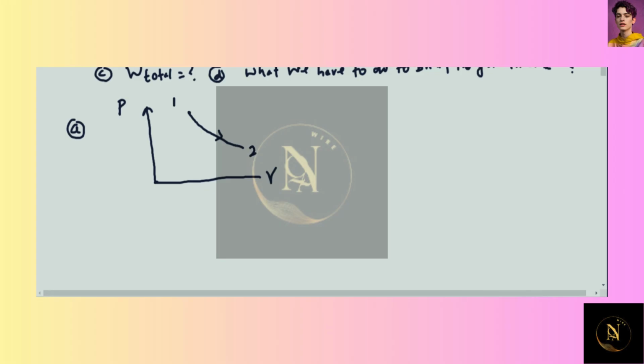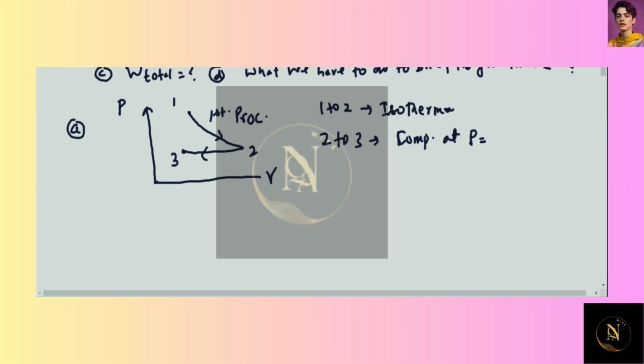So this is the first process, and this is the second process in which pressure is constant. So 1 to 2 isothermal, and 2 to 3 compression at constant pressure.